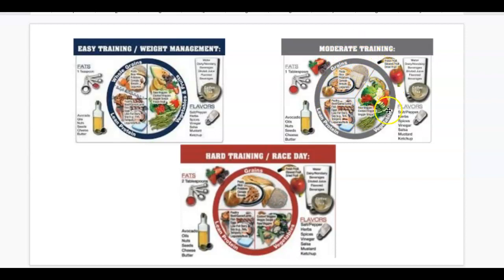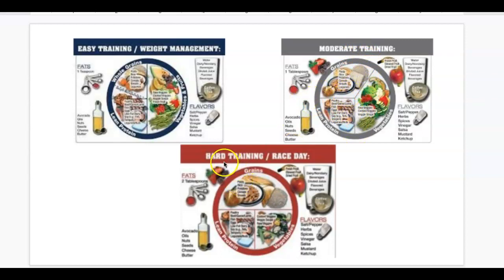You see almost half of the plate is vegetables. There's still room for fruit over by the grains, which has increased. Our carbohydrate foods are taking up a third of the plate, because moderate training means that there's an increased need for carbohydrates. And then lean protein is still the same.